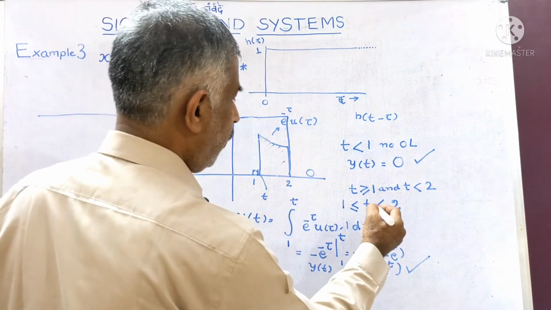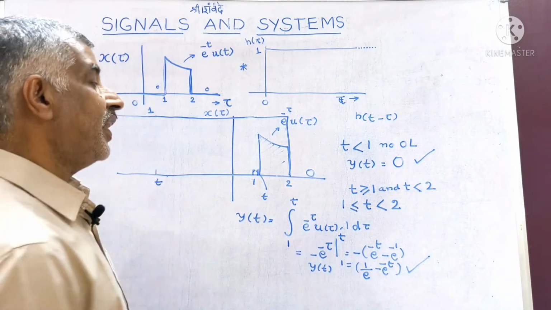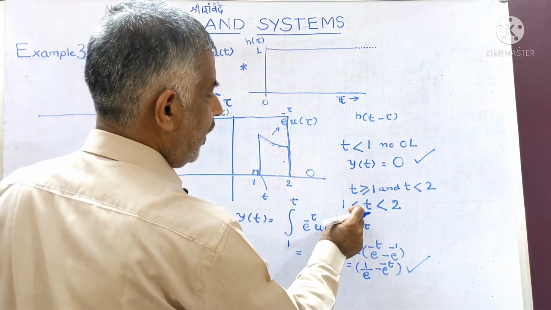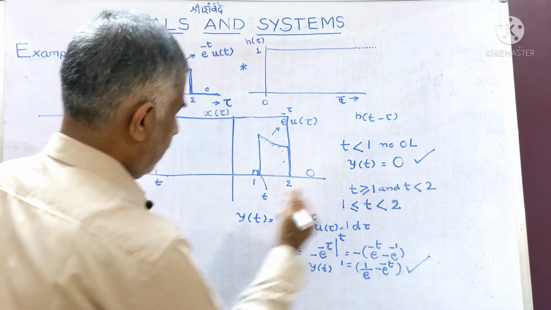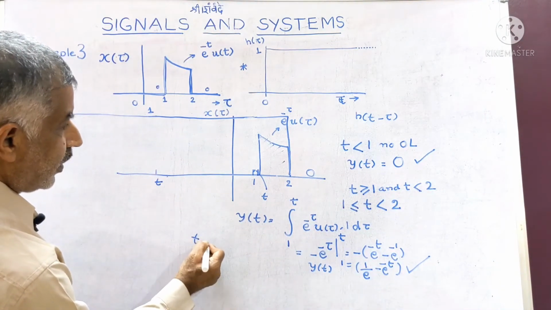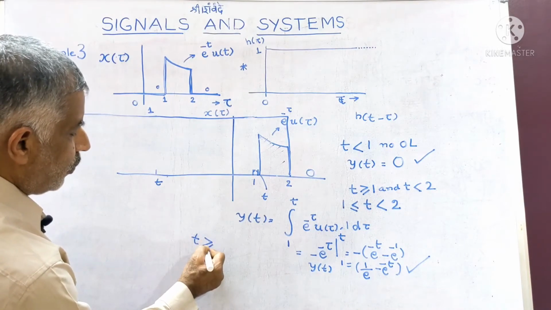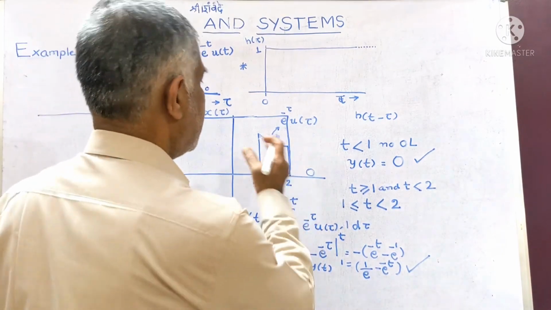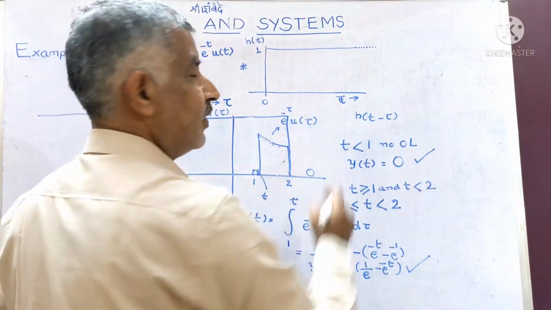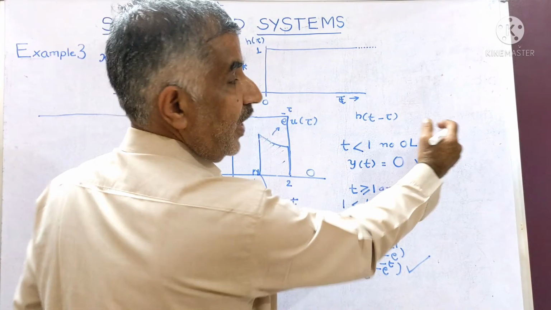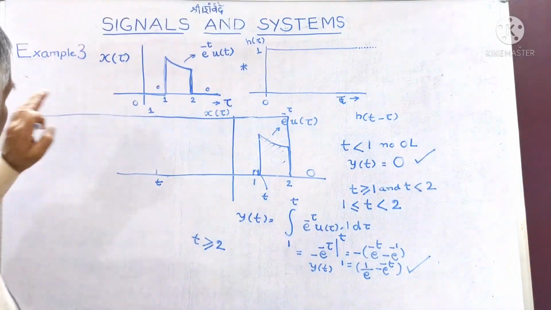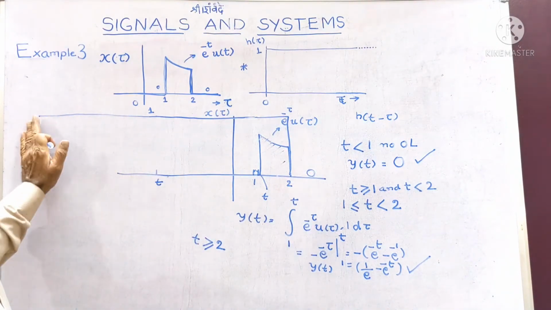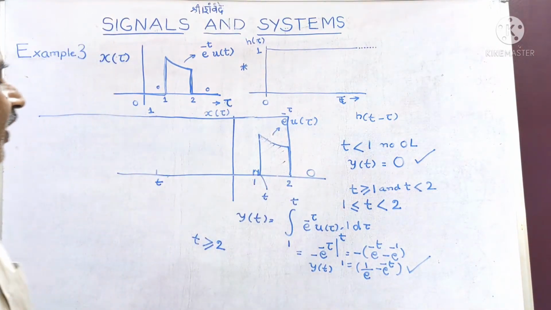Before that, first the interval. I will mark the interval here. It was over 1 less than or equal to t less than 2. Now t greater than or equal to 2. Then how long should I take? Even if it goes to the other end, that is t equal to infinity, still it will be fully covering this waveform, because on this side also it is coming from minus infinity.